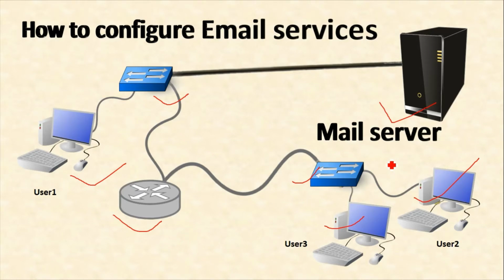In this topology, we will send mail from user 1 to user 2 or user 3, and user 3 will send or reply to user 1 and user 2. This concept will be understood when you work in your real-time environment.